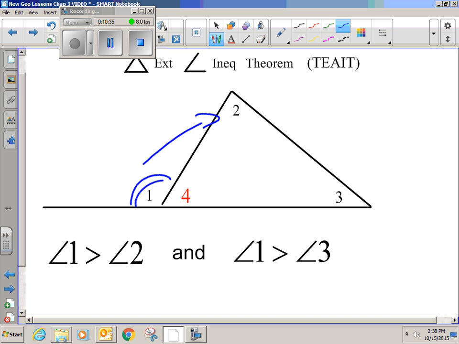That's a remote interior angle, meaning the non-adjacent angle. And it's also going to be bigger than angle 3. So angle 1 is going to be larger than any remote, meaning not adjacent to it. 4 is adjacent to 1. But angle 1 is going to be larger than any of the remote interior angles, which in this case is angle 2 and angle 3. We call this the triangle exterior angle inequality theorem.